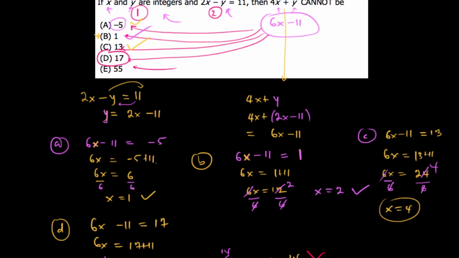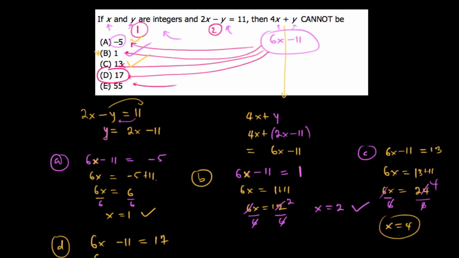Now just for verification's sake, you can as well do E to check that out. So that's for the E part. We already know 4x plus y is the same thing as 6x negative 11. So you have 6x negative 11.